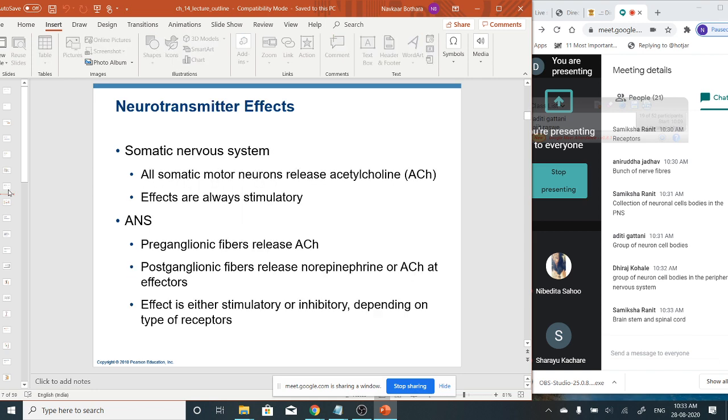So both have a variety of neurotransmitters. These are very, very important, because now your pharmacology starts, because we know what neurotransmitters are. Neurotransmitters are the ligands. You know about ligands. Ligands have specific receptors in the body at any place, and these ligands bind these particular receptors and act as a messenger.